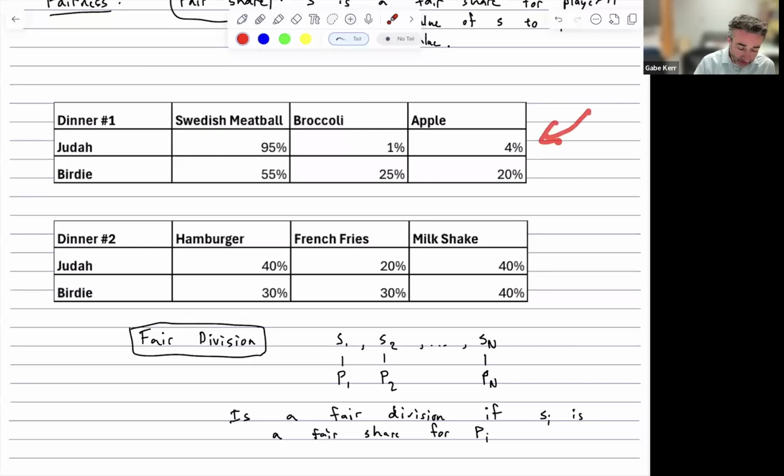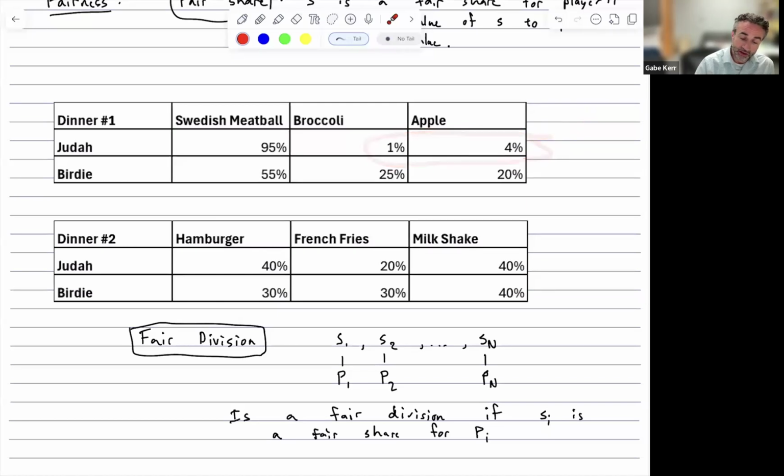I think this is a pretty accurate value system that my kids have for this particular kind of dinner. And if you look at it, you might come to the conclusion that there is no fair division for dinner one, right? Because in order to get a fair share for Judah, I need to give him the Swedish meatball. If I give him everything but the Swedish meatball, I really am not giving him a fair share. He only gets 5% of his value of that meal.